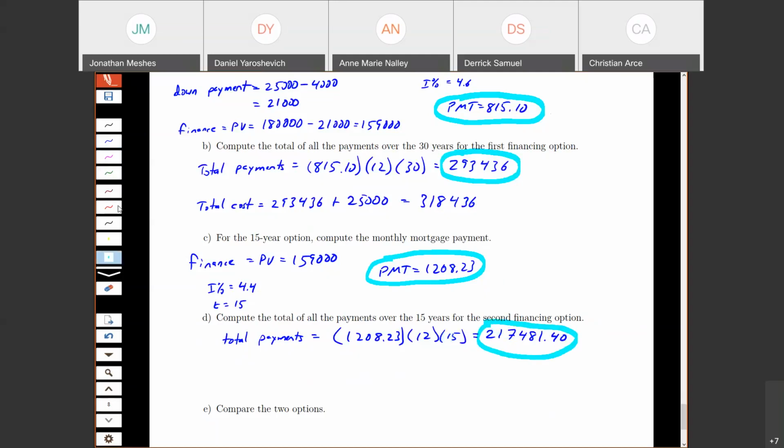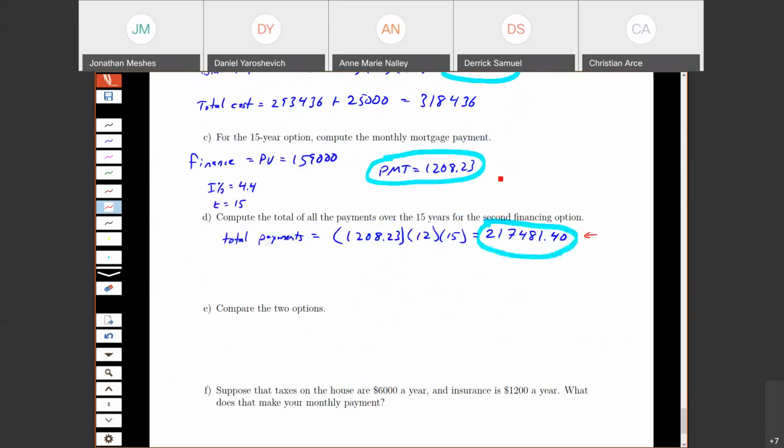Okay. So notice you end up paying a whole lot less, right? It's not a little bit less. That's a lot less. Right, we're saving almost $76,000 here.